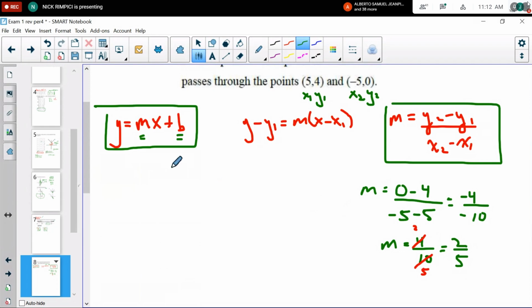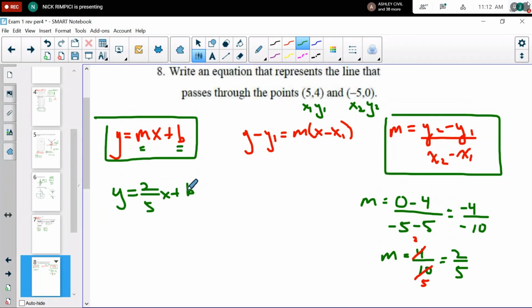So if I go back over here now, I know that y equals 2/5 x plus b. Okay. So I'm almost done. I just want to solve for b. Solving for b is easy. You can just substitute in for x and y and use that information to solve for b.